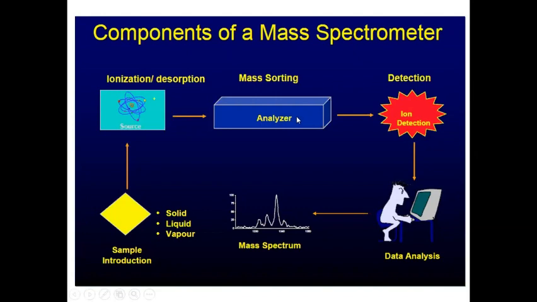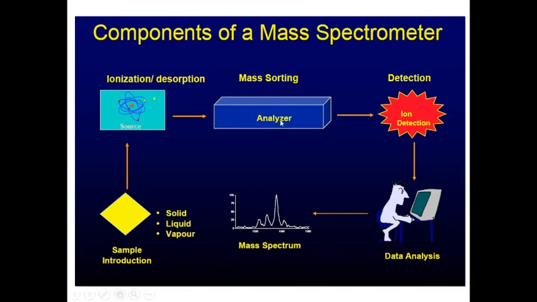Then we have the analyzer and the detector. The function of the ionizer is that ionization and disruption of molecules takes place. If you want to get the mass spectrum of any molecule, that molecule should be ionized. That is an important condition of mass spectrometry.